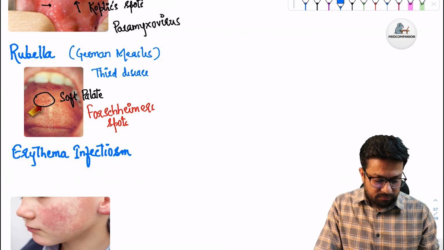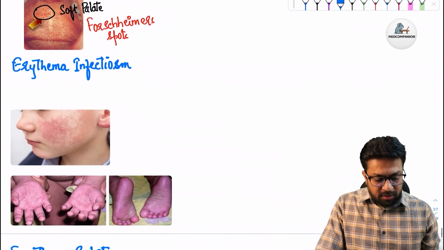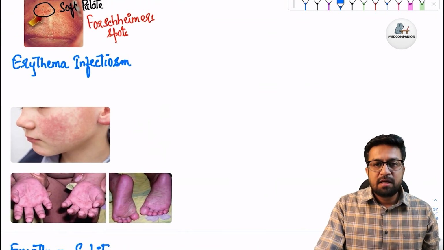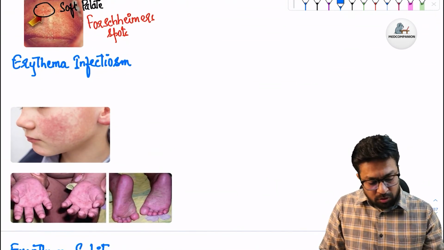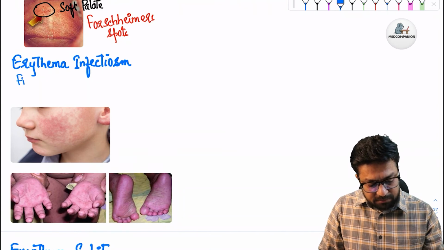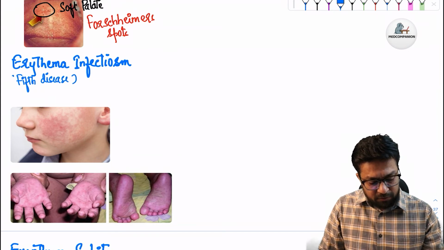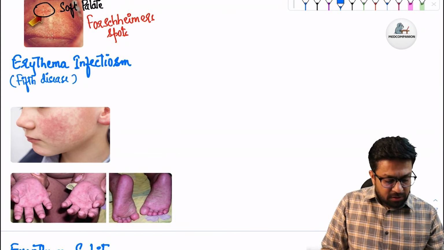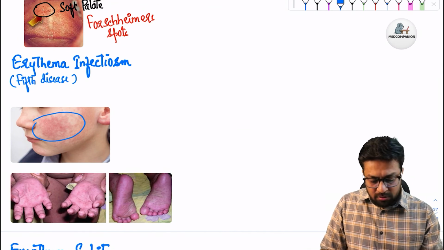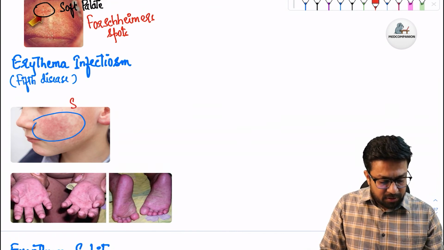Then you have erythema infectiosum, also called as fifth disease. It gives a typical rash on the cheek called as the slapped cheek appearance.